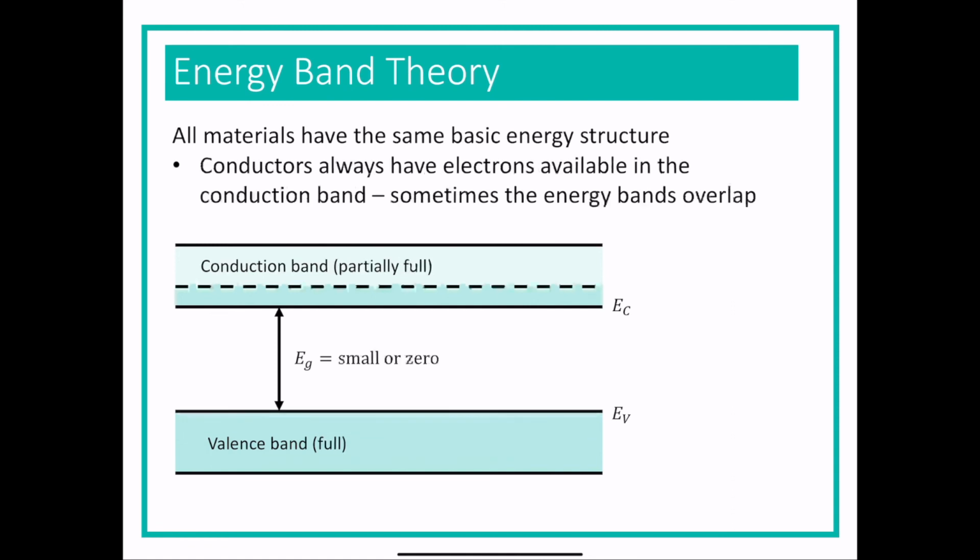Conductors always have electrons available for conduction. In fact, sometimes the conduction and the valence band actually overlap, which means that the electrons will move into the conduction band really easily. But in general, conductors usually have just one electron loosely bound to the structure and they're ready to go.